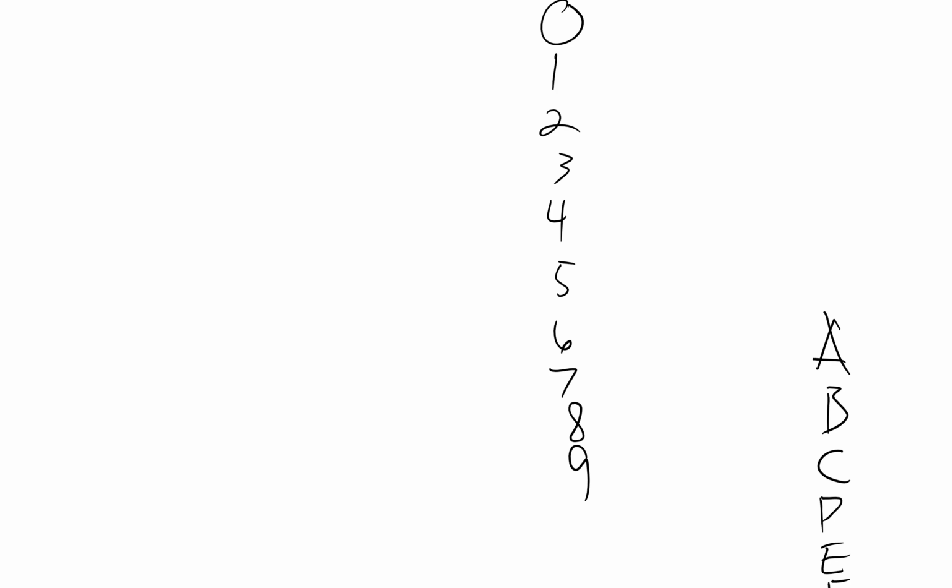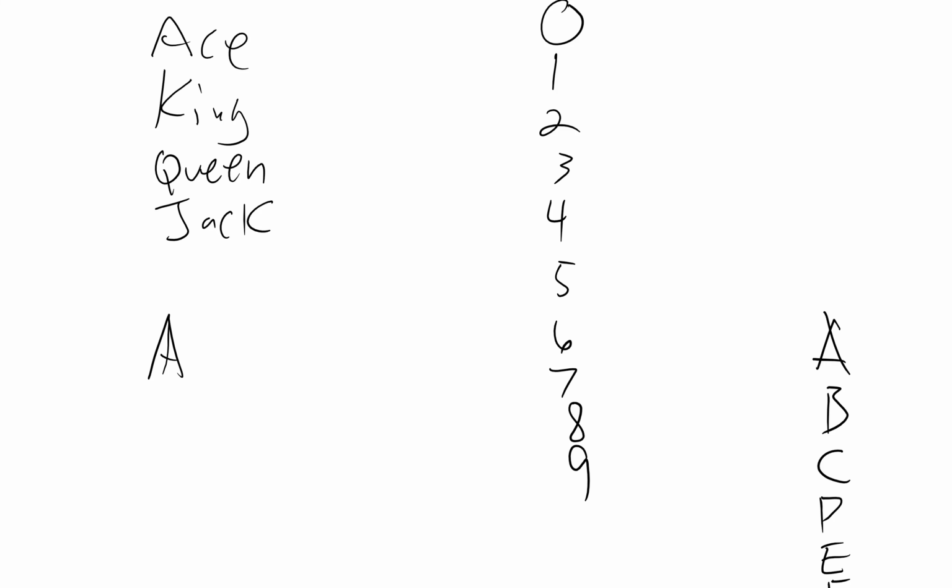This works just like ace, or king, queen, jack, ace, stuff like that. But in this case, our values are 1, 2, 3, 4, 5, 6, 7, 8, 9, 10, 11, 12, 13, 14, 15, 16 total, with 16 being the highest.